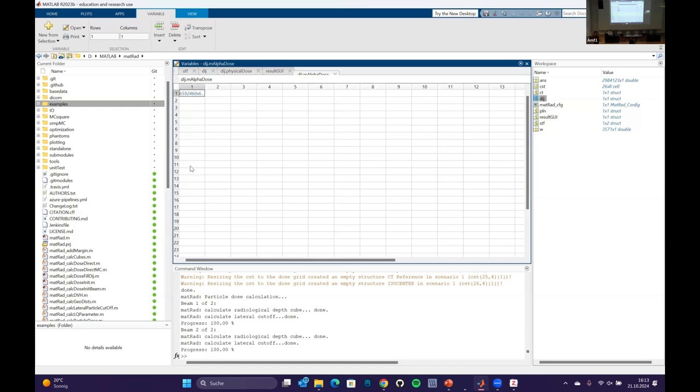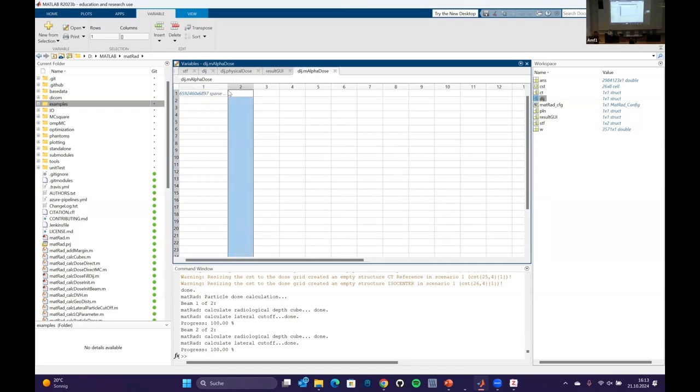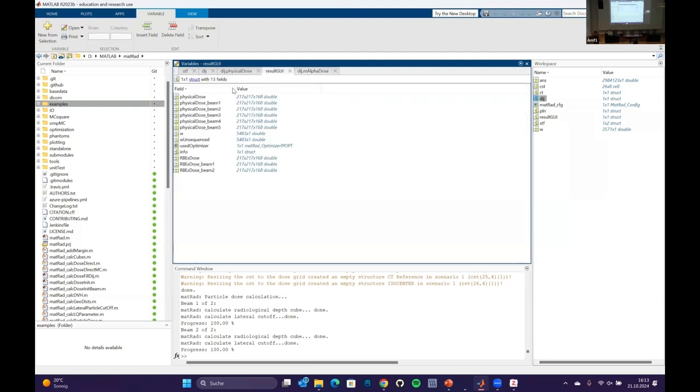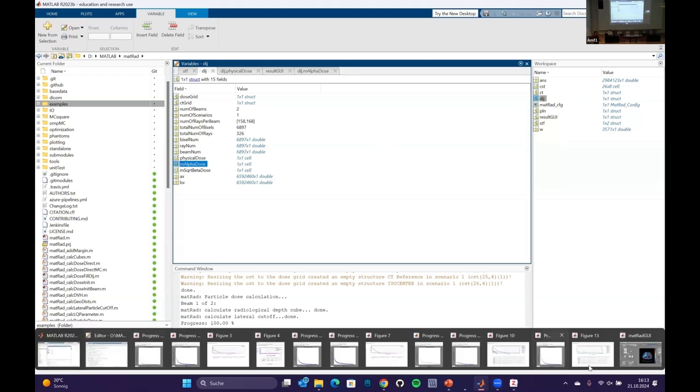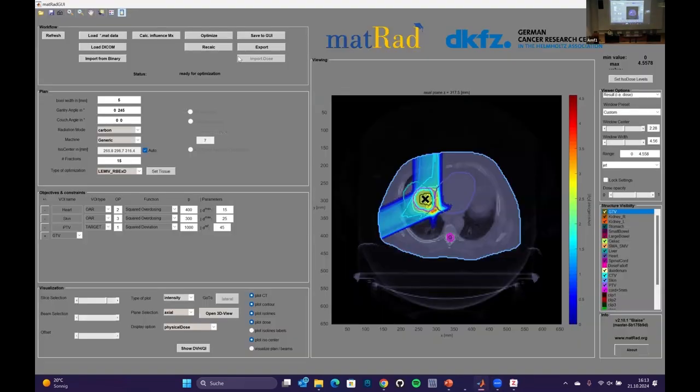Basically this is alpha times dose. It's a kind of big matrix with 6,000 or 7,000 beamlets. And here you have the beta related dose and so on. So there's more information to be computed to incorporate this kind of biology.